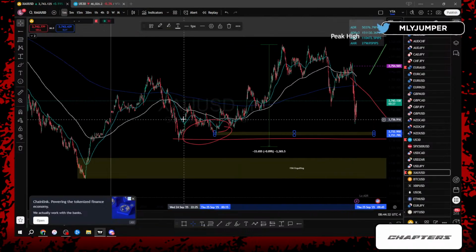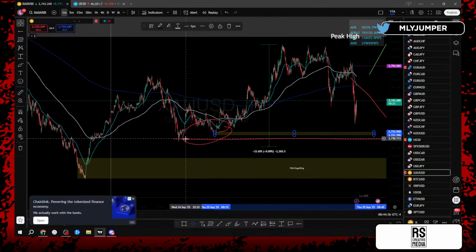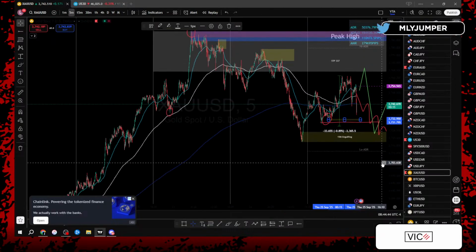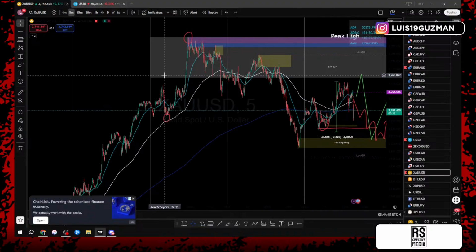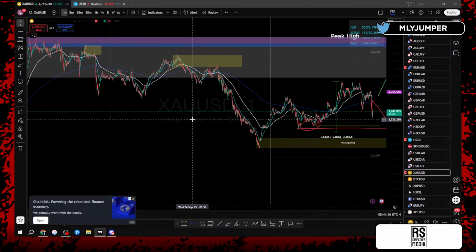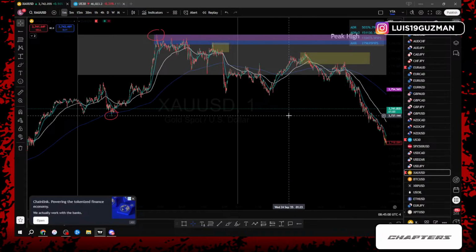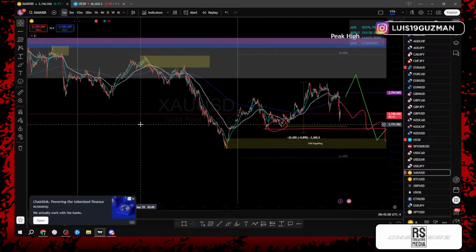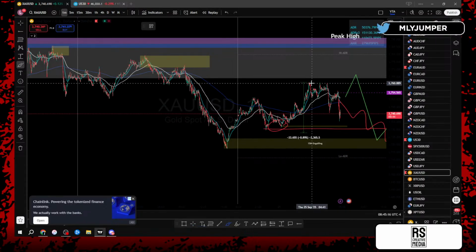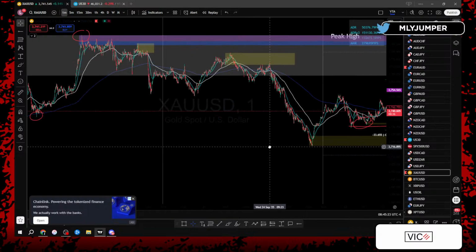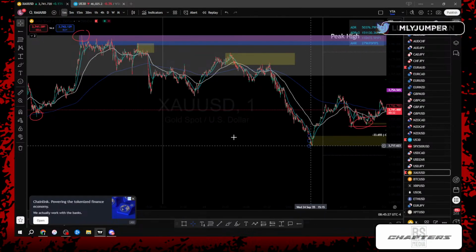Then again on the 5-minute and the 1-minute, we're trading the same higher high, higher low, higher high. I had to back up a little bit, but yeah, we're trading between the same 5-minute and 1-minute lower low change of character, and then these highs up here.